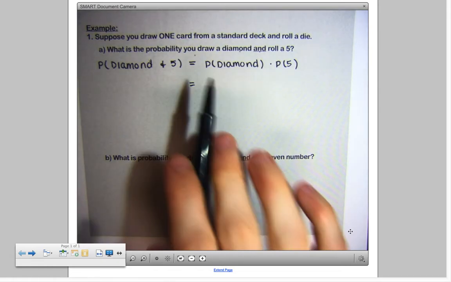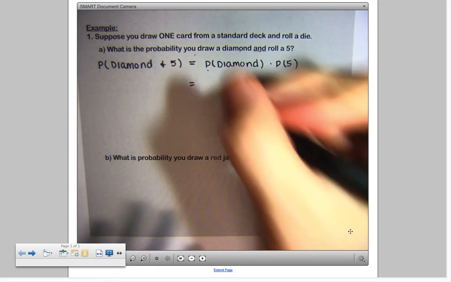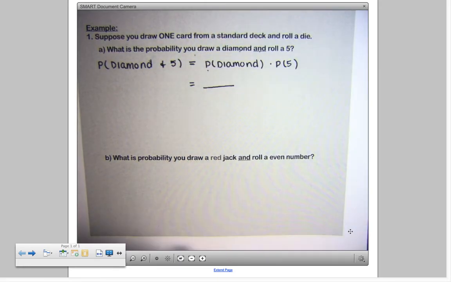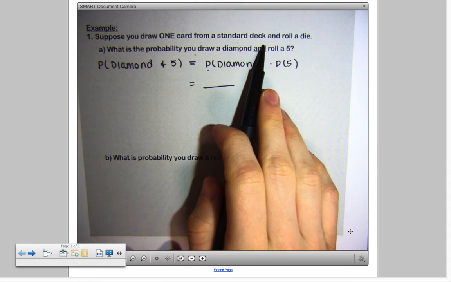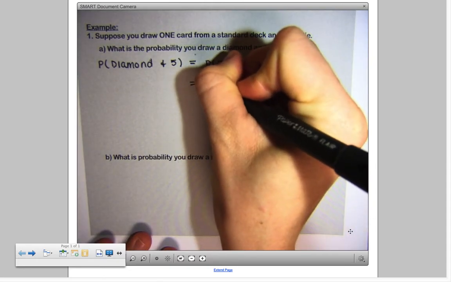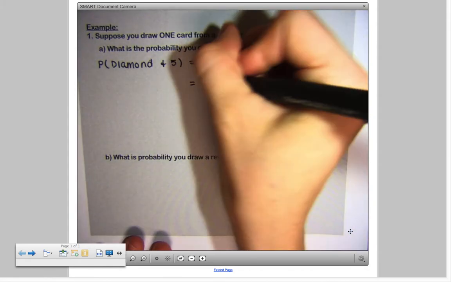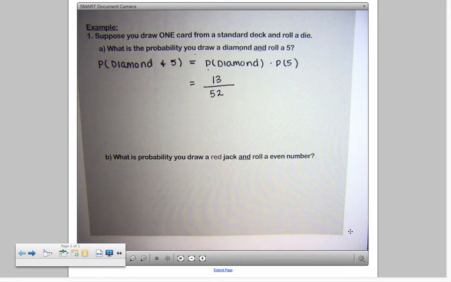Okay, so let's just look at the probability of a diamond first. Remember, probability is want over total. So we're going to have a fraction. Here we're working with a deck of cards, so our denominator is the total. If it's a deck of cards, we know we have 52 cards total, and there are 13 diamonds in a deck.